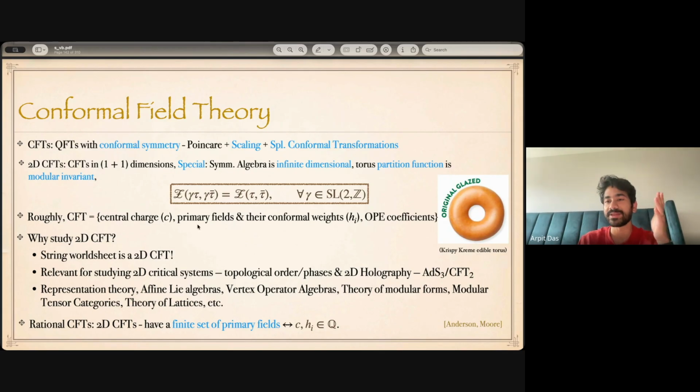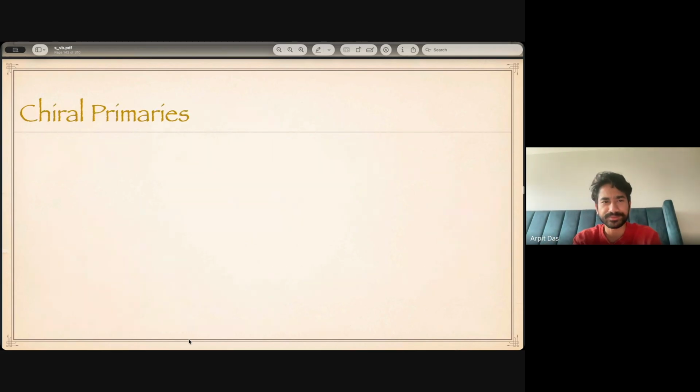If such primary fields are finite in number in your theory, then that essentially tells you, by this work by Greg Anderson and Greg Moore, that the central charge and the eigenvalues of such operators are rational, and that's why the name rational CFTs. So they're a special class of 2D CFTs which just have a finite set of primary fields. So not only do you have solvability in your system due to conformal symmetry, you also have finiteness, because you just have finitely many things to deal with.